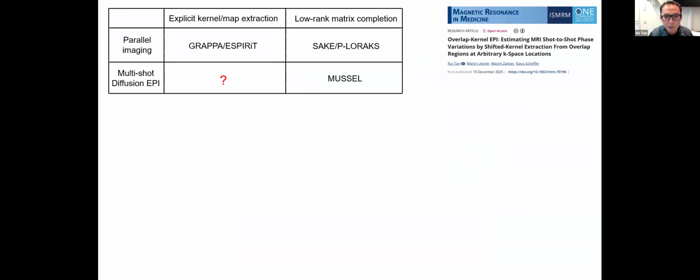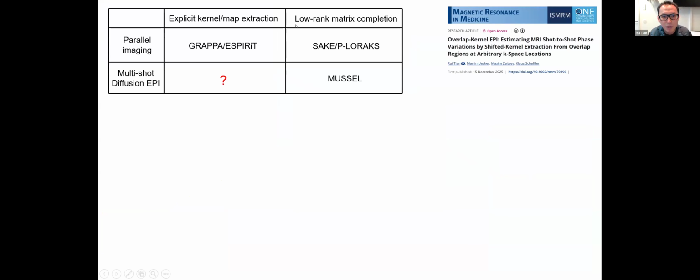We can also look at it in another view: for parallel imaging, there are usually two approaches to resolve the receiver channel information. One is explicit kernel or map extraction, that is GRAPPA or SPIRiT.